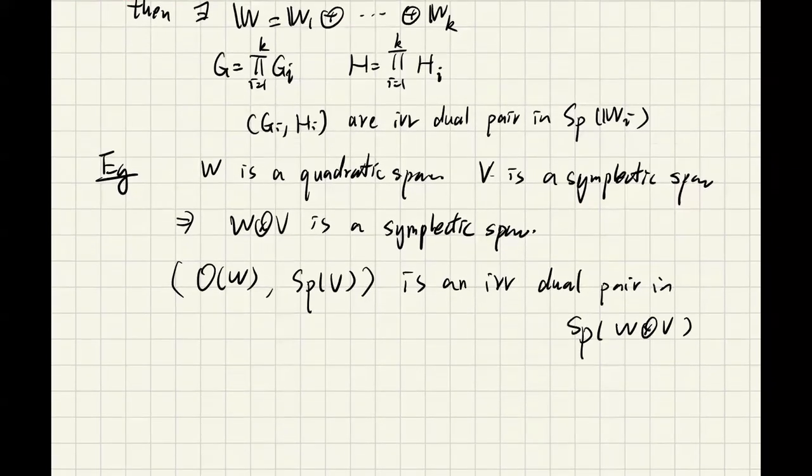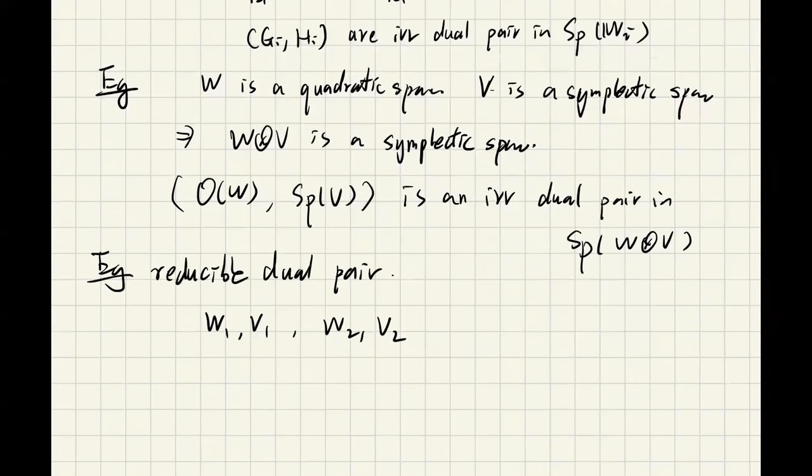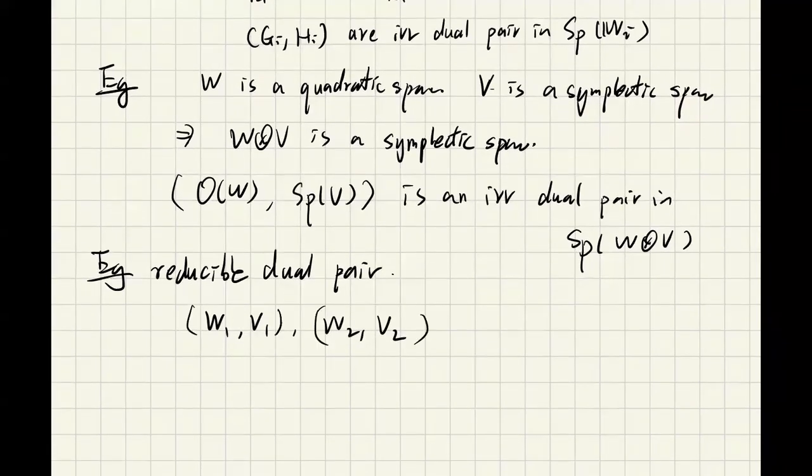Then you can build a reducible dual pair. So an example of reducible: you have (W1, V1) and (W2, V2). Then your W can be W1 tensor V1 plus W2 tensor V2.